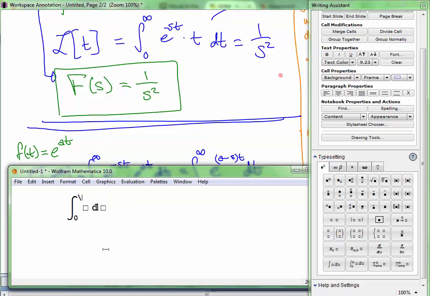Oh, this isn't how you do it. This is Mathematica. So e raised to the a minus s t.